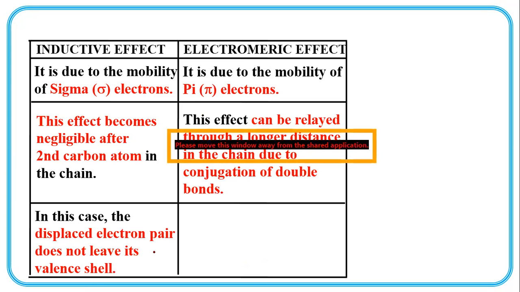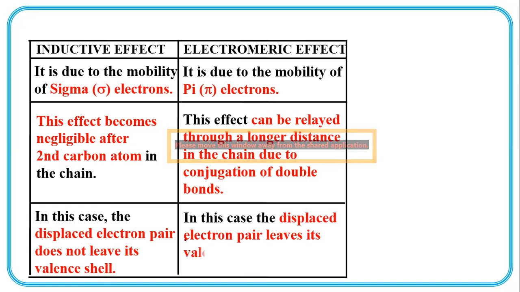Here, the electron pair does not leave the octet of the atom. Just the electron density is shifted, pulled towards the more electronegative atom. Here, the electron pair is transferred completely, leaving its octet, to another atom.